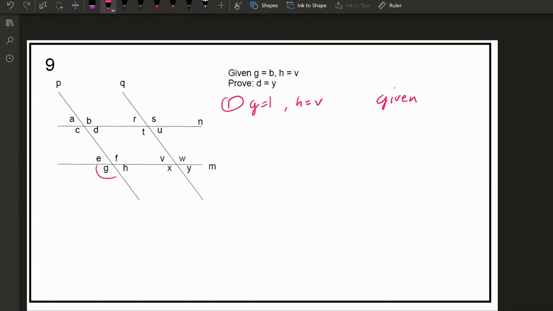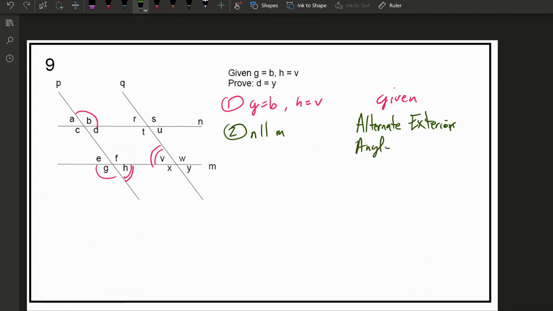G is equal to B. And H is equal to V. Okay, so since G is equal to B, I can now say that N is parallel to M because of the alternate exterior angles converse.